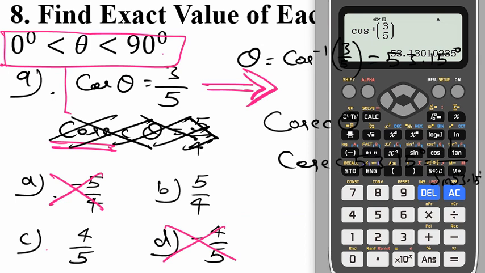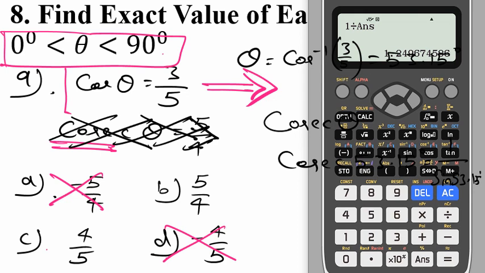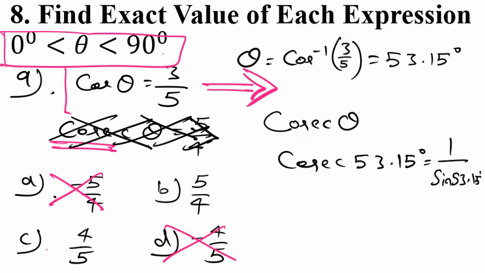Sine of 53.13, or 15, it doesn't matter, it won't make too much difference. So that is equal to this, and then 1 divided by the answer. This is giving me 1.249, as you can see here. So 1.25 approximately.